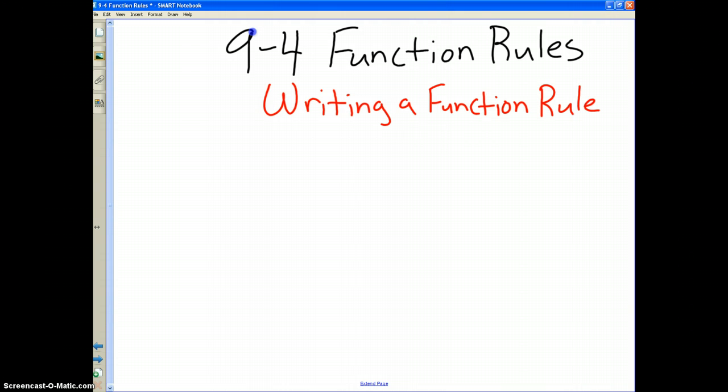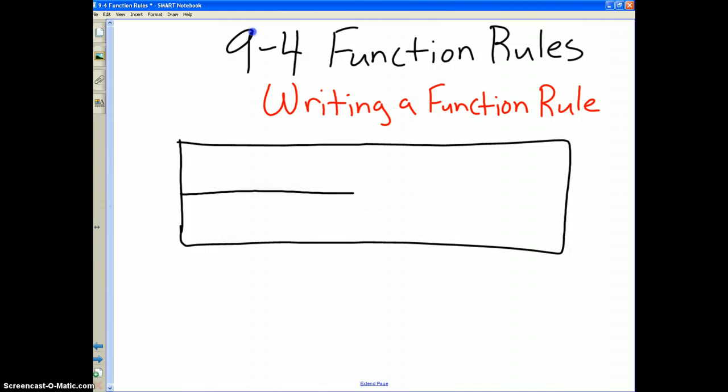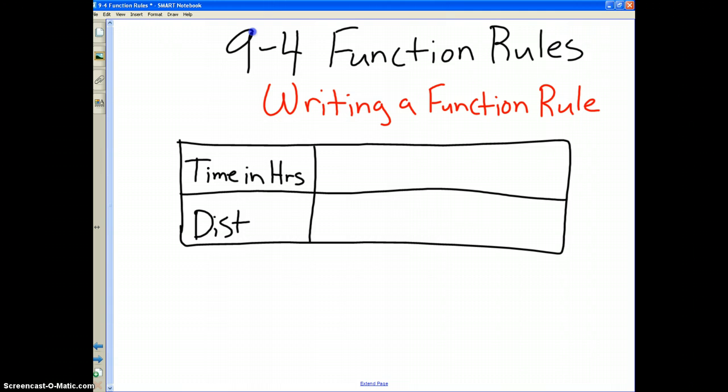Writing a function rule is pretty much just like writing an expression like we did yesterday in class. So first of all, let's make a table. Let's do time in hours, and then distance in miles.